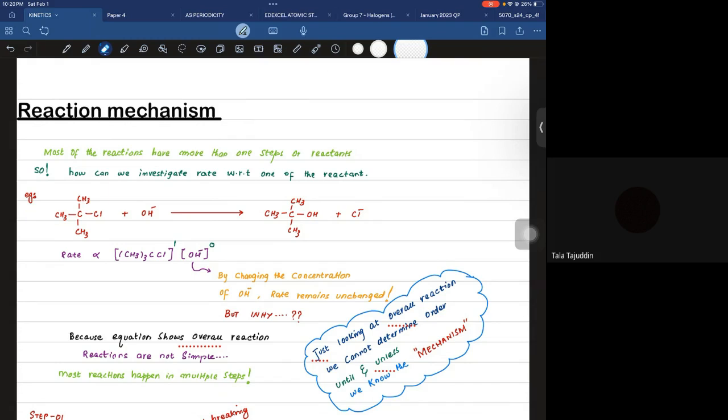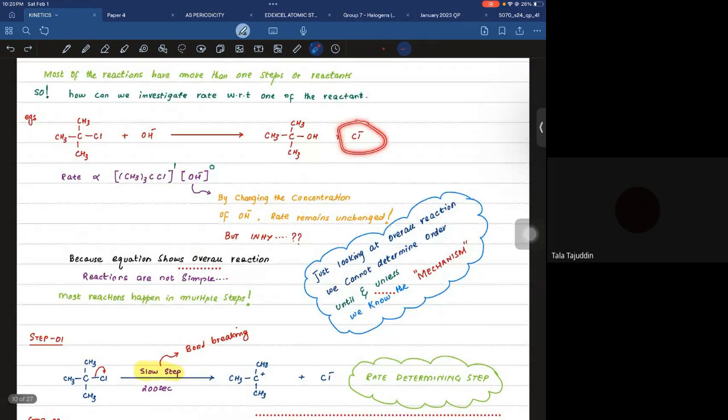Let's suppose this is your reactant, and this is your nucleophile. The nucleophile is going to attack this, and a nucleophilic substitution reaction takes place. So OH minus is going to replace this chloride ion.